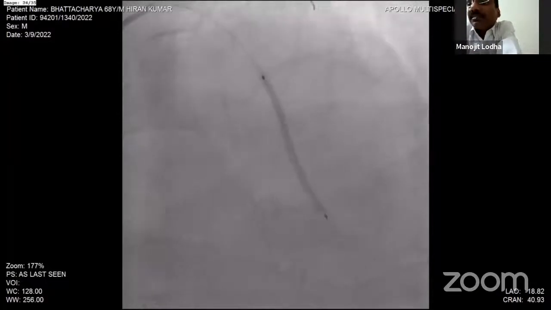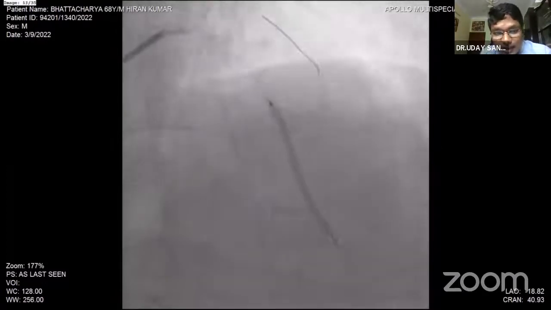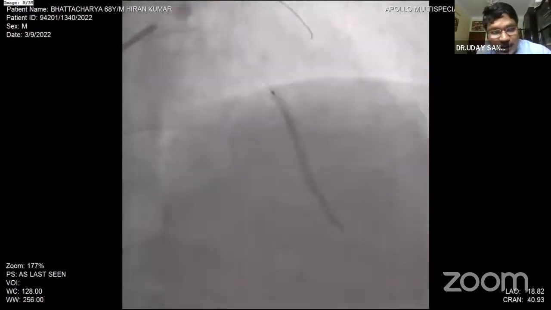Okay. And second thing, if you don't use balloon perforation, you can also use microcatheters or even a thrombosuction catheter, because this was a case of primary PCI. The thrombus burden initially did not seem too high, so I did not use the thrombosuction catheter.